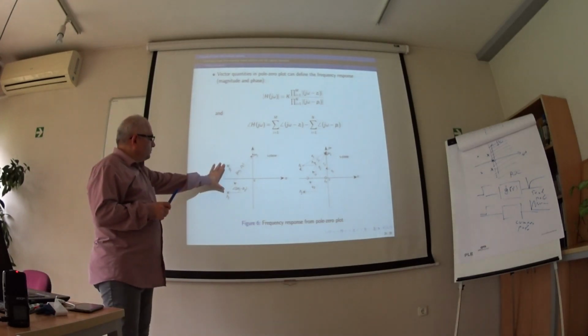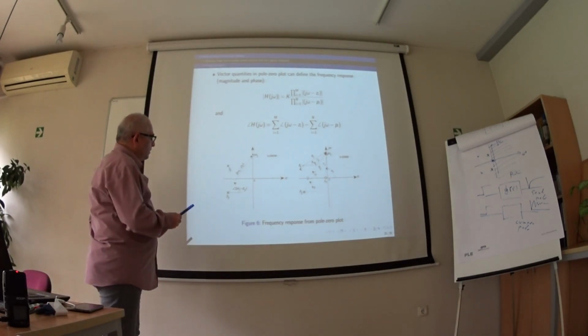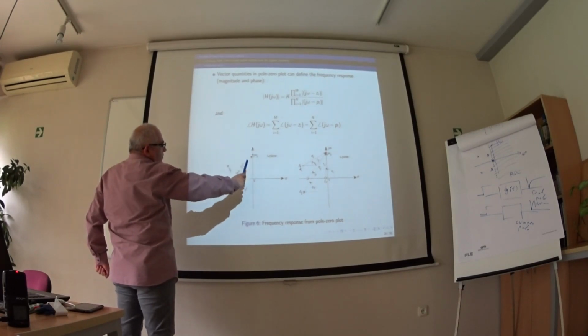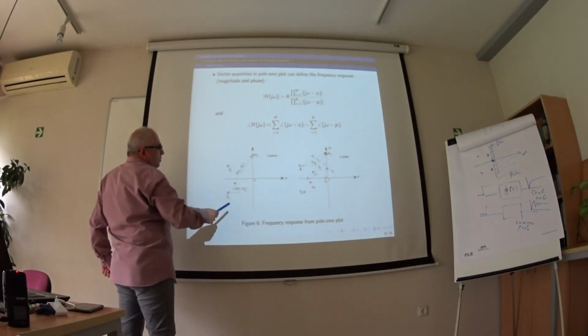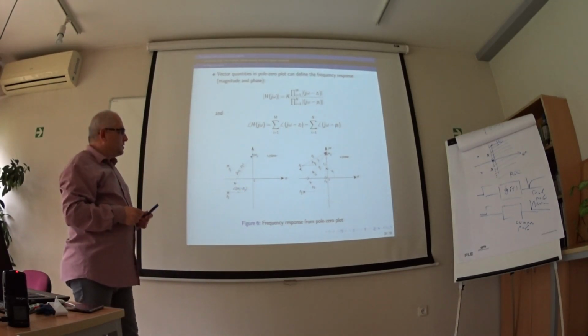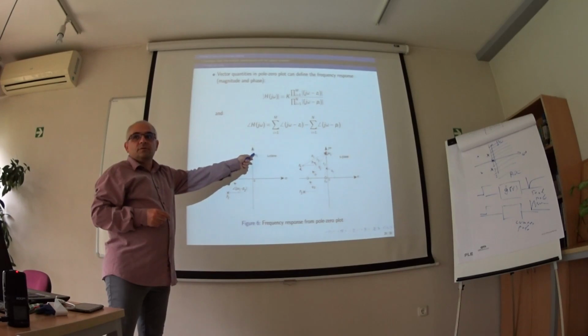We have a pole and we have a point on the j omega axis, and we want to know the magnitude and phase response at this frequency.